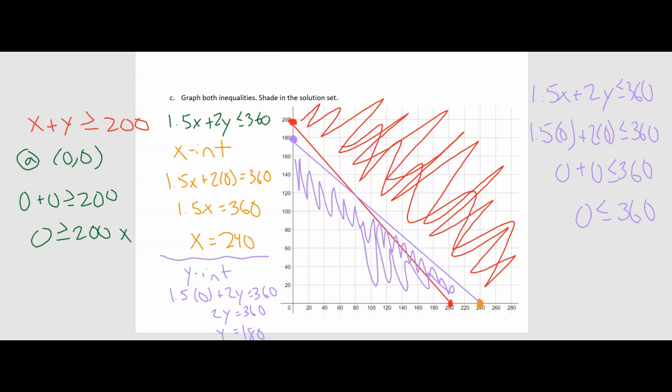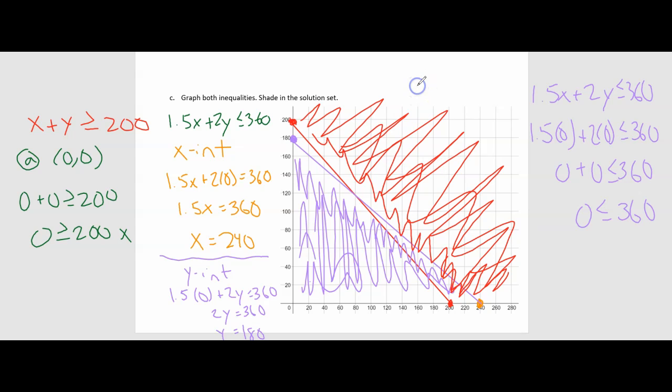And you'll actually see I should have done a little bit better job of shading the red, because the red actually, right, it's everything on this side. So it does dip right into here. So the overlap is actually this sliver of space here, right between the red and the purple.